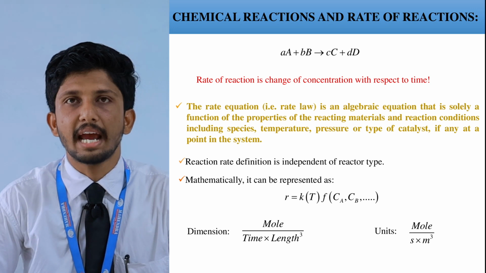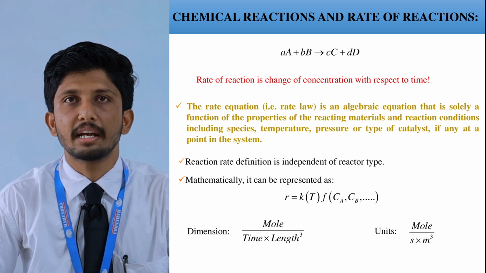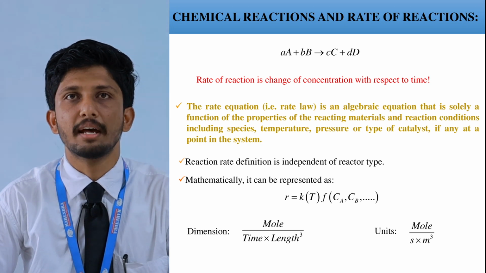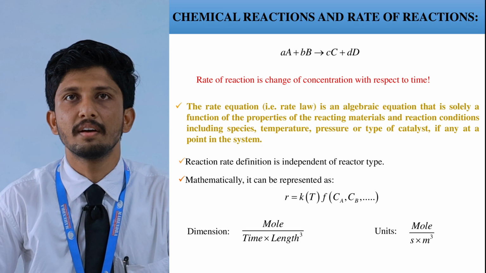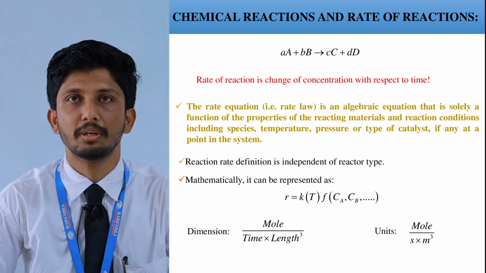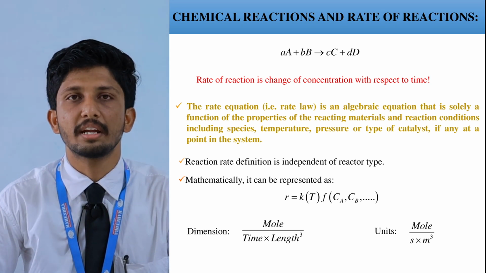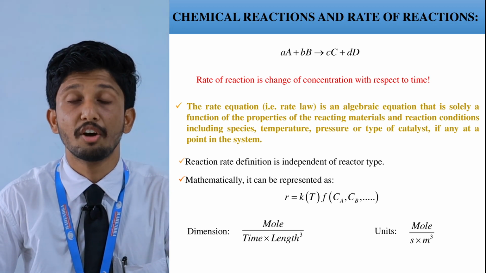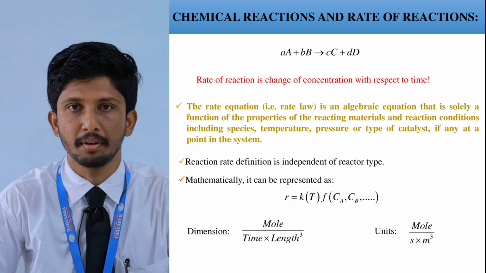So, chemical reaction and the rate of reaction. Consider a reversible reaction A plus B gives C plus D. In this reaction, A plus B are the reactant species and C plus D are the product species. The rate of this reaction is the change in concentration with respect to time.